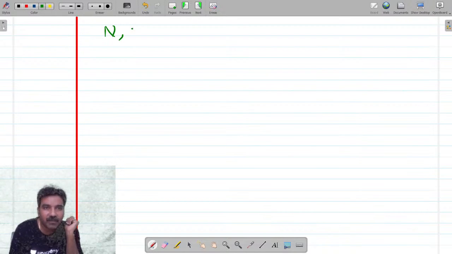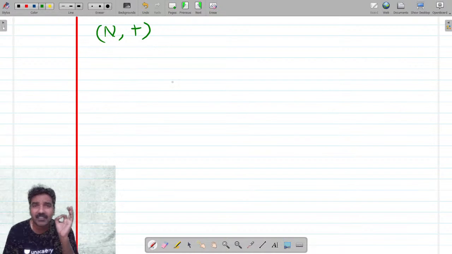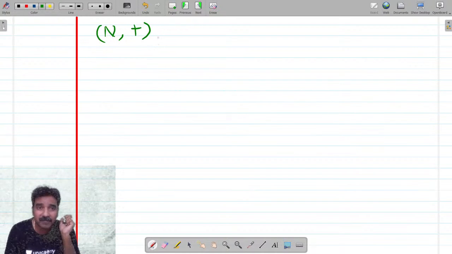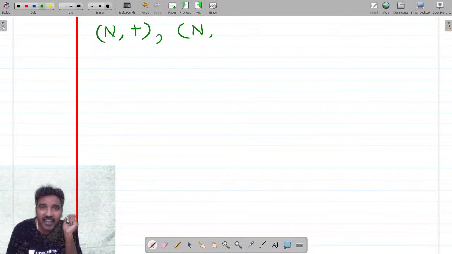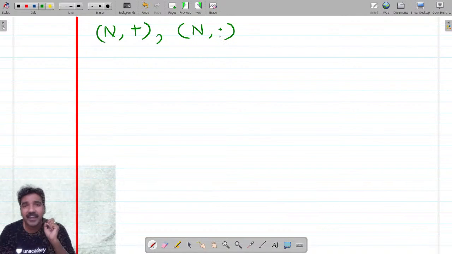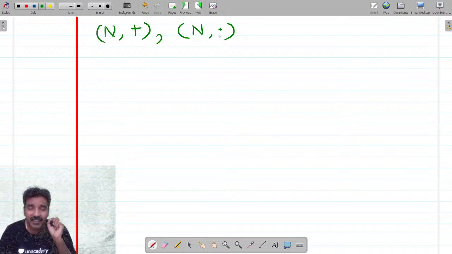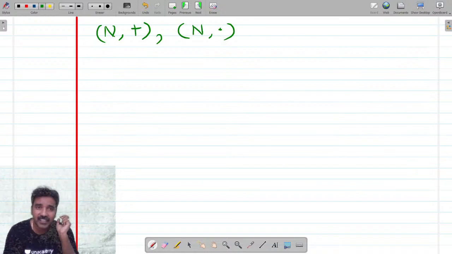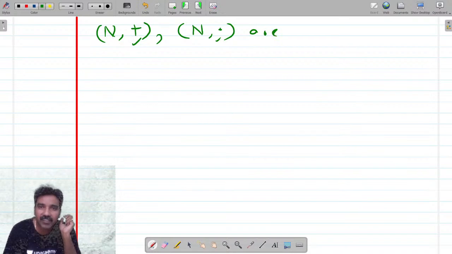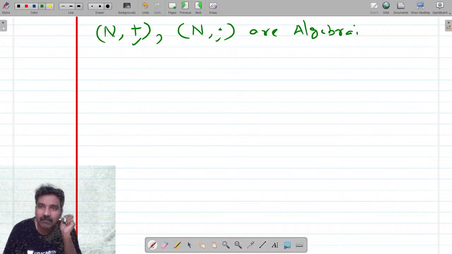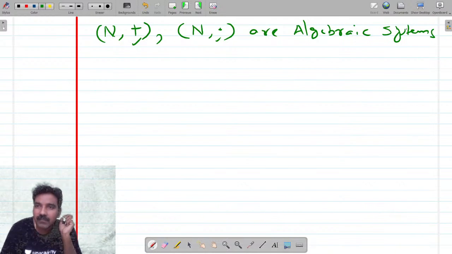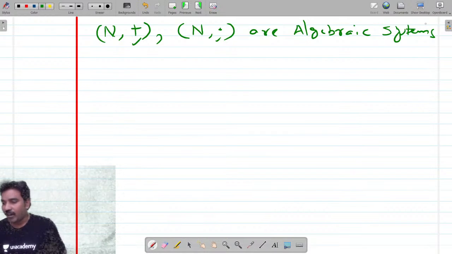Is N comma plus an algebraic system? Because when you add any two natural numbers, the result is a natural number. Similarly, N comma dot. If you multiply any two natural numbers, the result is again a natural number. So this is normal addition and this is normal multiplication. So these are algebraic systems. Is my point clear?